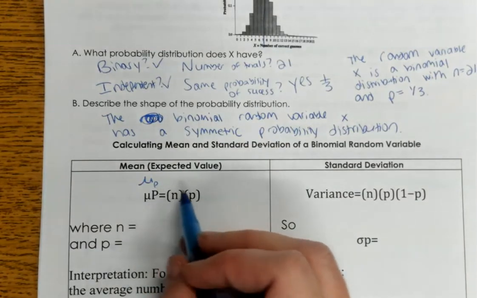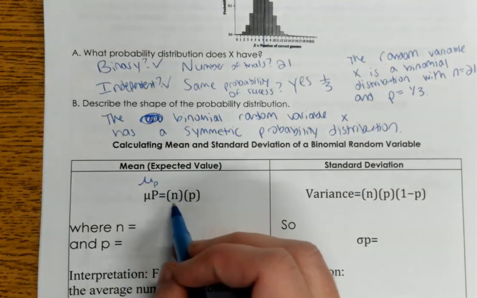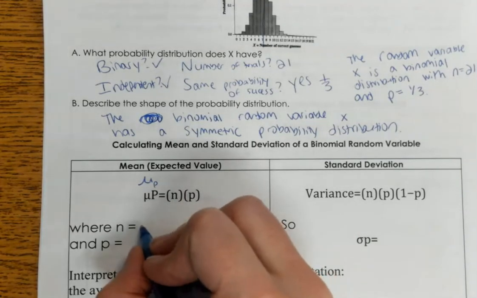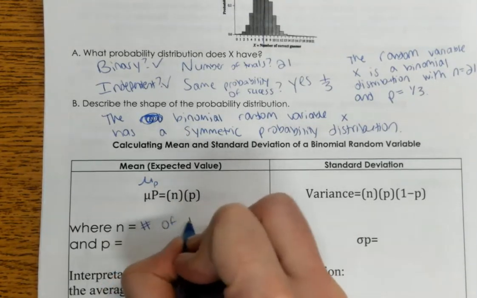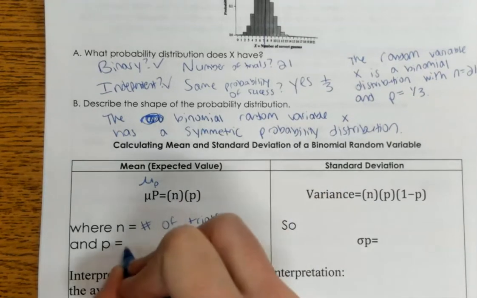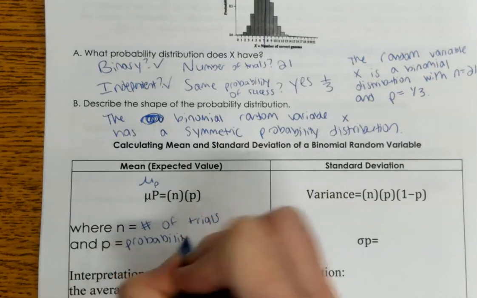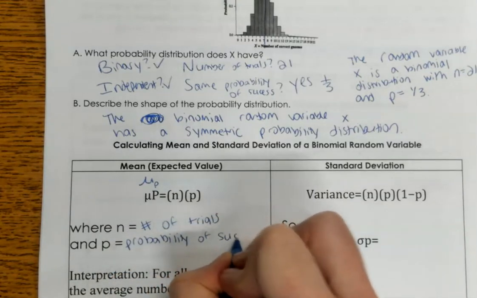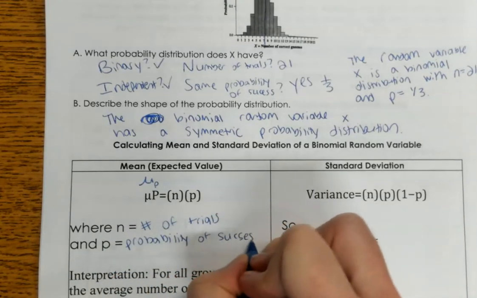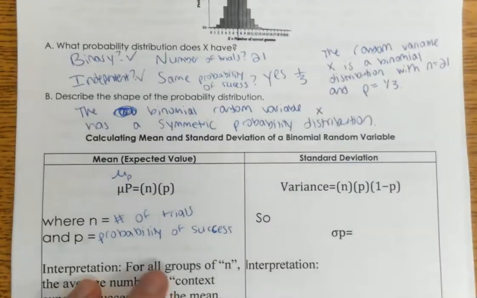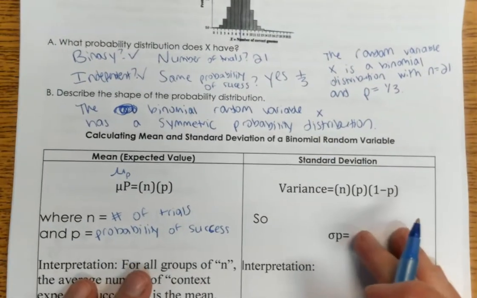So the mean, or the expected value of binomial distributions, is just going to be n times p. That's it. Where n is equal to number of trials, and p is equal to probability of success. Okay, we'll calculate that for this distribution in a second.